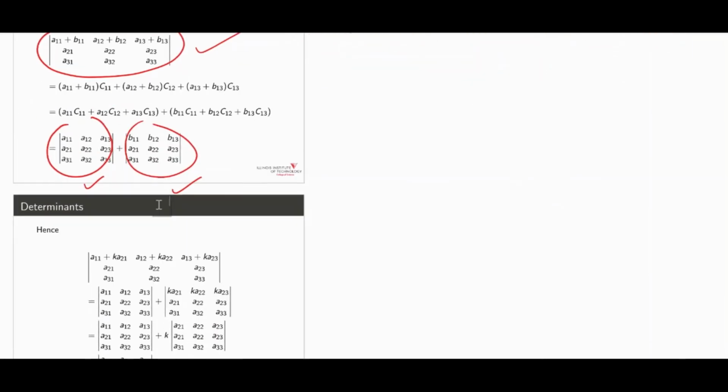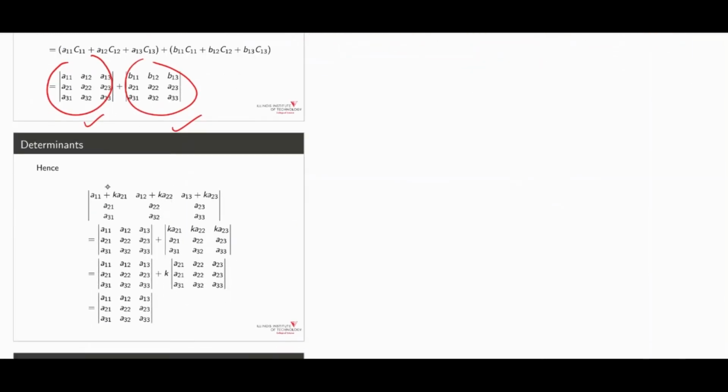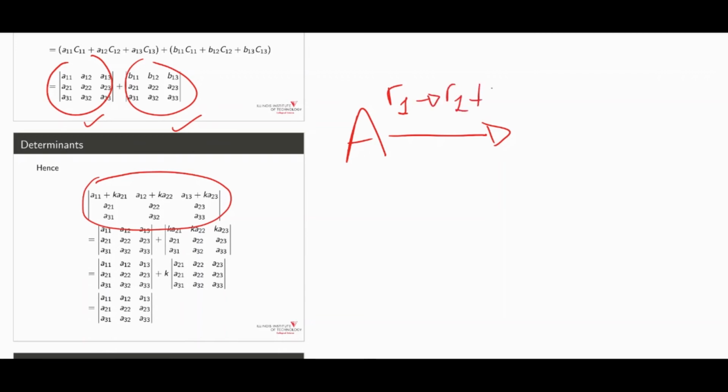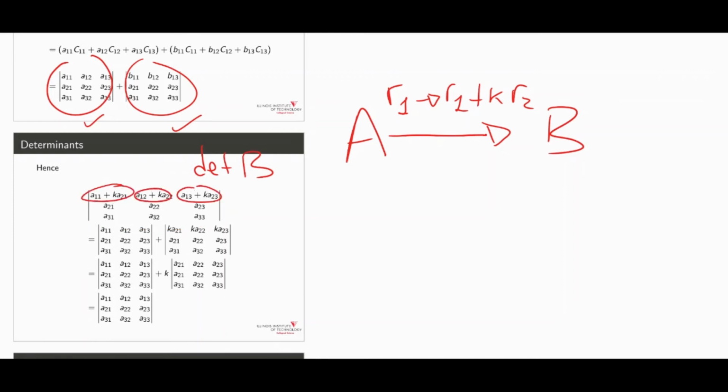Now, if you have a determinant that looks like this, this is A, and then you do the row operation, in this case R1 plus k times R2, to get to B. So this one right here is the determinant of B. Take a look at this part right here as the remark that we had before. We can split it into these two parts, so everything else is the same.